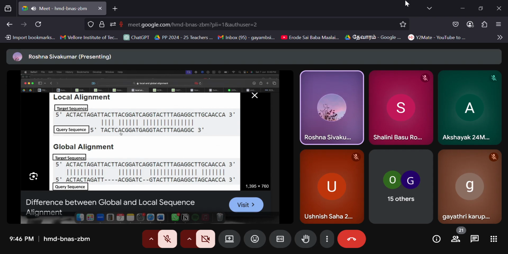So in local alignment, we align in a way that we get the most number of identical matches. As you see, this line indicates that this is identical to this, right? There are two concepts: identical is different and similarity is different. Can anyone unmute and tell me, if you know, the difference between identical and similar, or even put it in the chat box, I don't mind.